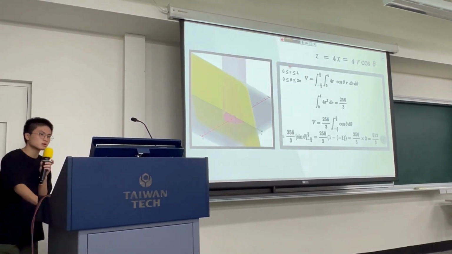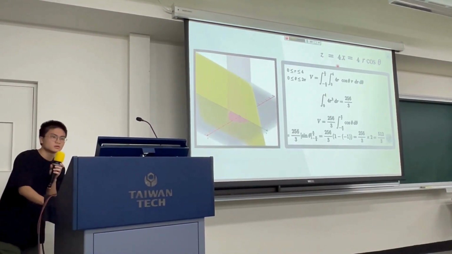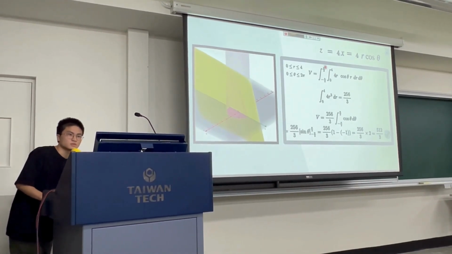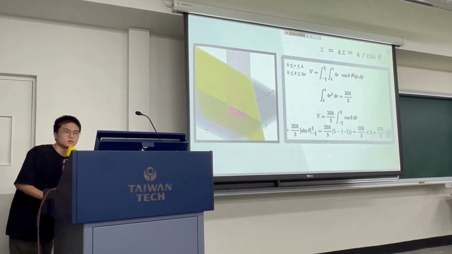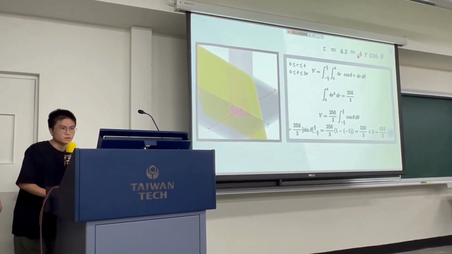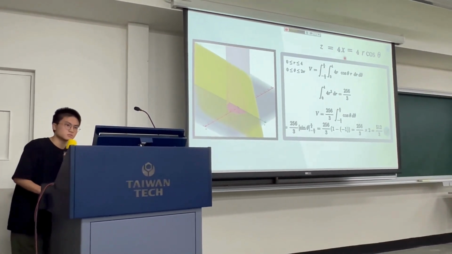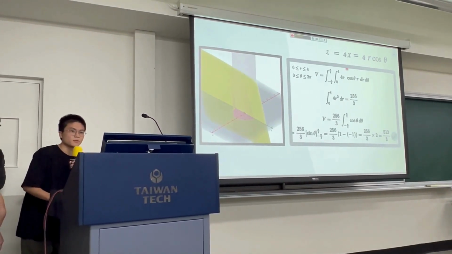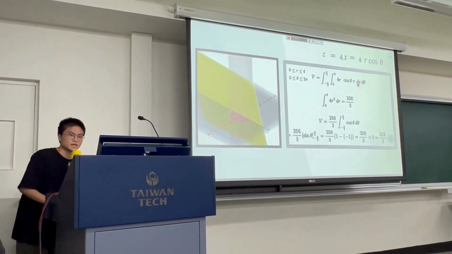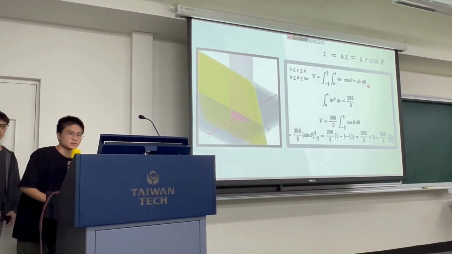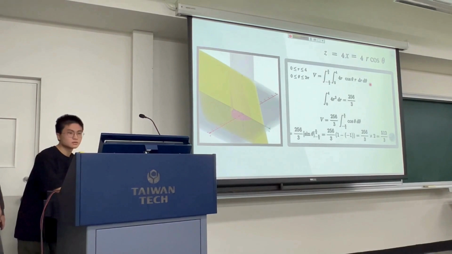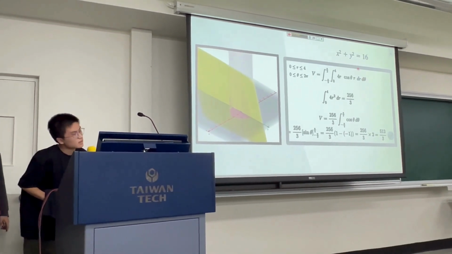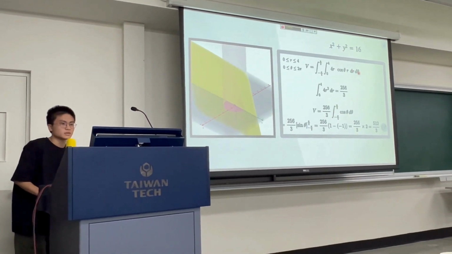And how can we solve this question? First, we need to convert rectangular coordinates into polar coordinates. So we substitute 4x with 4r cosine theta, and we replace dy dx by r dr d theta. And next, we need to find the bounds of r and theta.